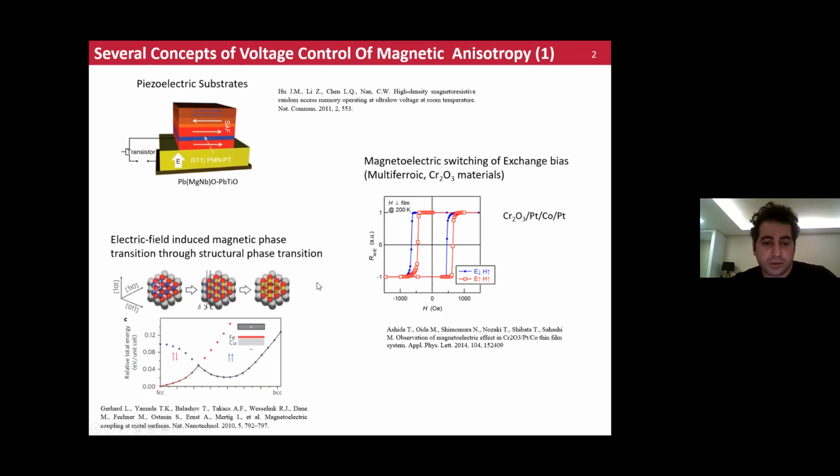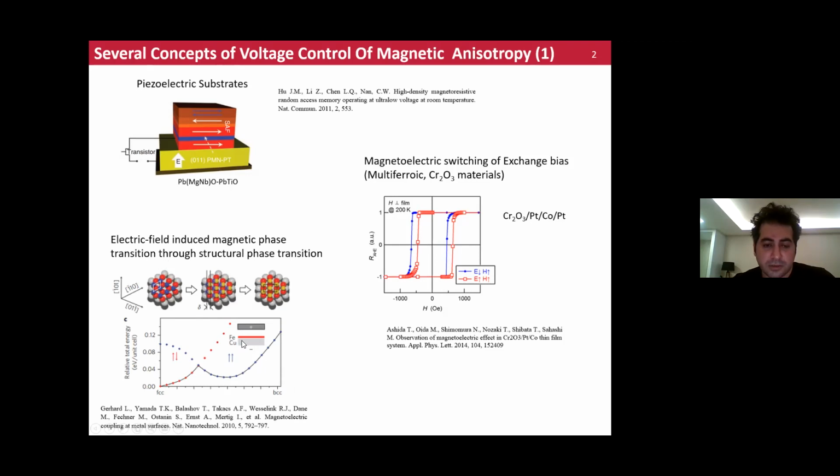In another concept, we can manipulate the structure of a material. If we apply a voltage, we can induce a magnetic phase transition through structural phase transition. This is one example that you can see from the literature.